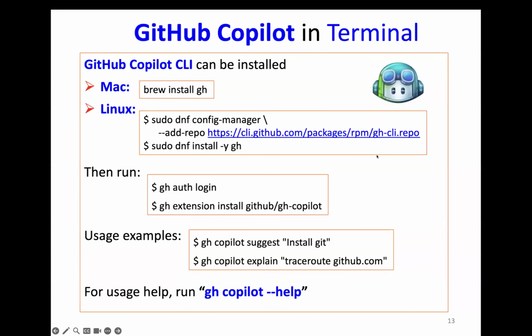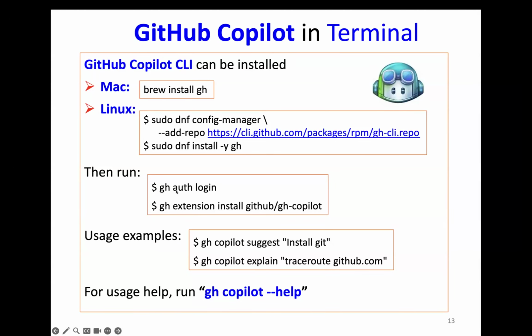And also, GitHub Copilot is available. It has a command line interface in the terminal, so it's available. Here I show you on the Mac; you can install gh, or on Linux you first add that repository and then install gh.